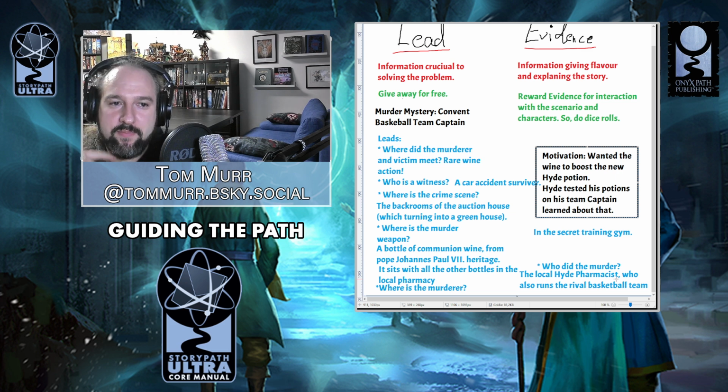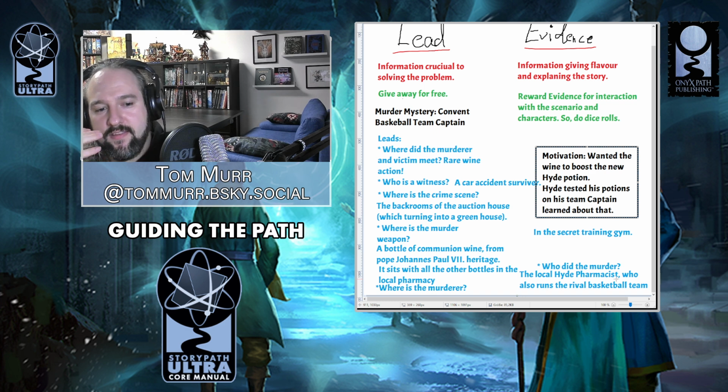Then we have the motivation for the murder. This is what we came up with in evidence last time. He wanted the wine to boost the new Hyde potion, and the Hyde tested his potions on his team, and the captain learned about this.